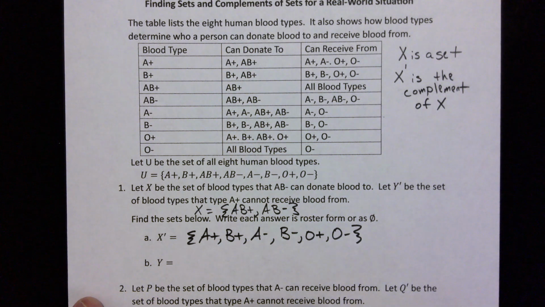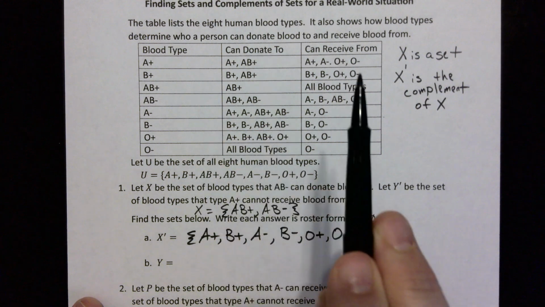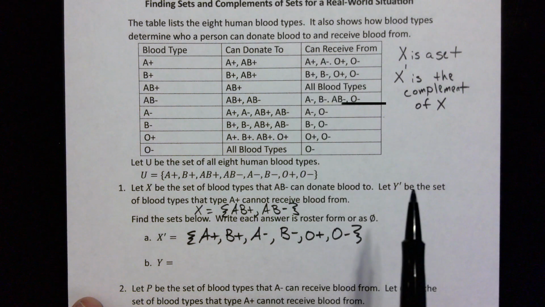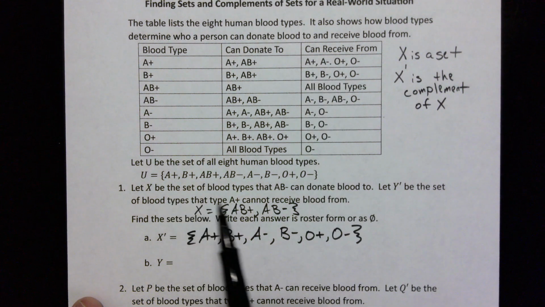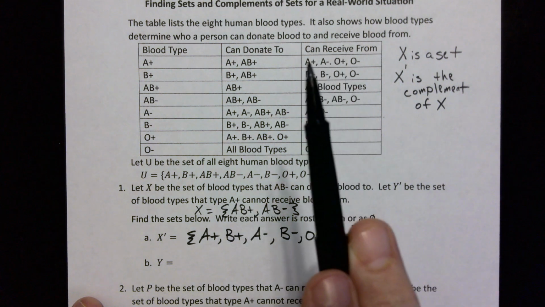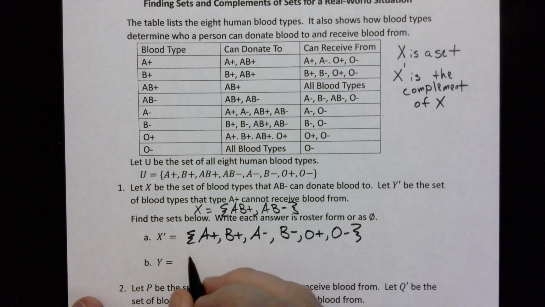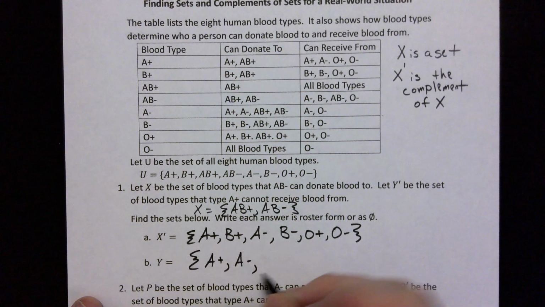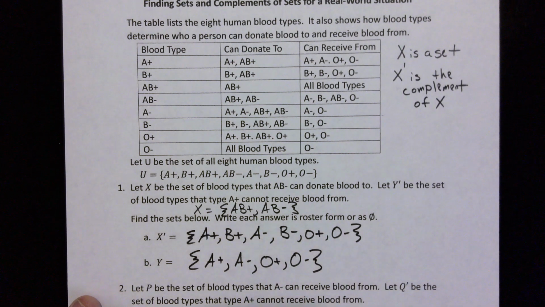So Y would be the opposite of that: all the blood types that A plus can receive blood from, which is already listed for us right here. So it is A positive, A negative, O positive, O negative.